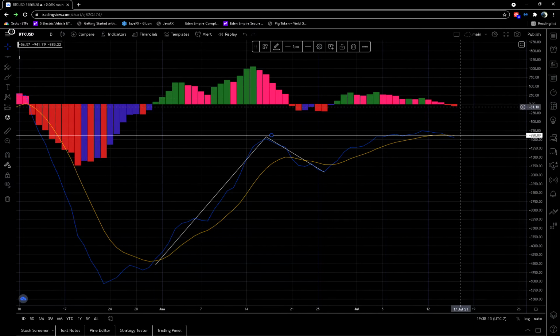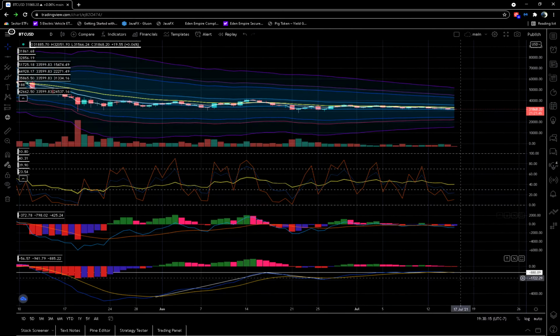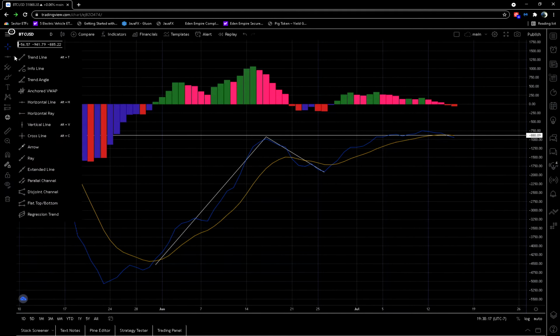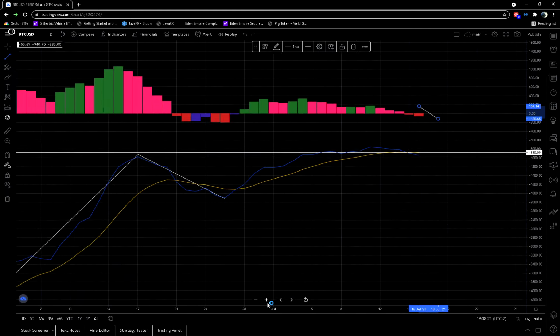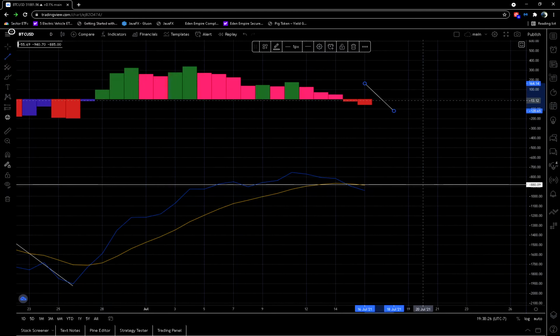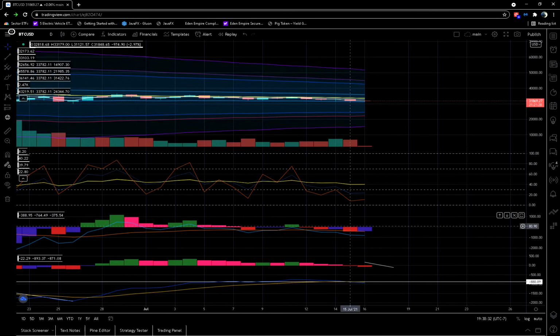That's all I'm saying. We are seeing a break of the zero line here on the histogram, right? We're just starting to go below 0, so we could be seeing this move down for a little bit.